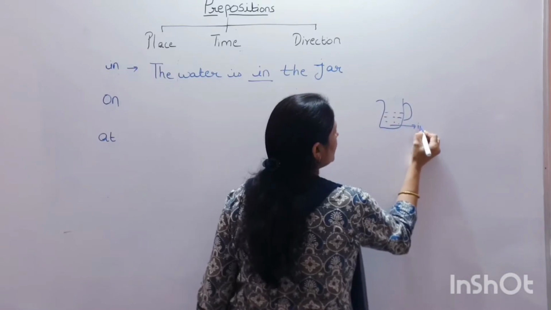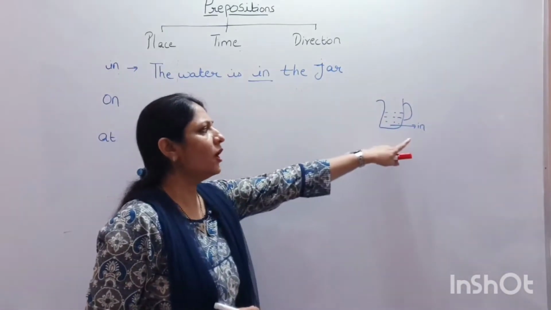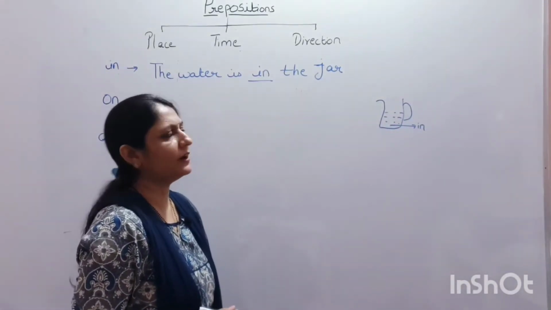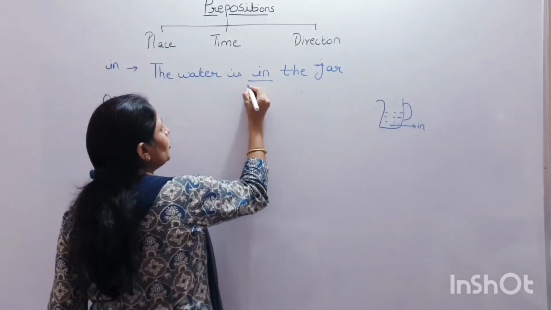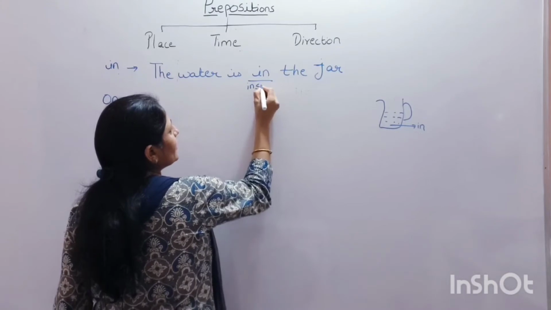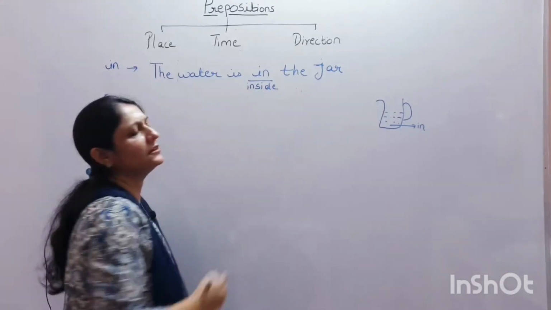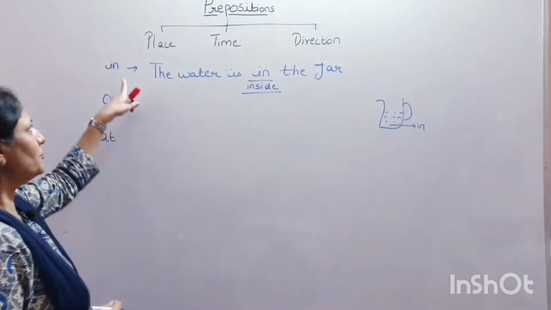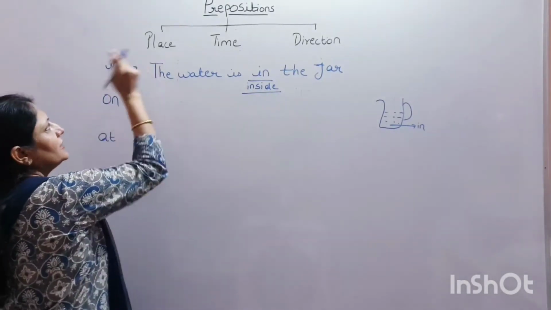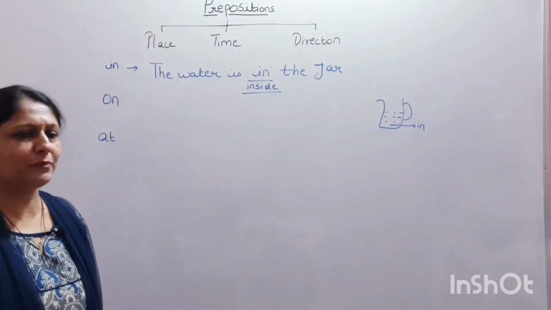And where is the water? The water is automatically inside the jar. I can also say, there's another option which can be used here, the water is inside the jar. Both these options are okay for the preposition in, which is an example of preposition of place.